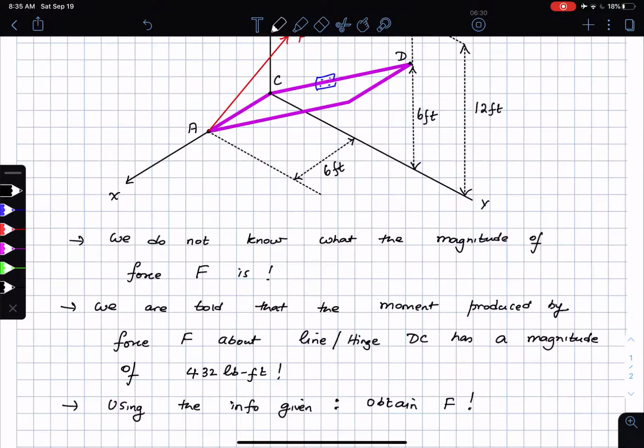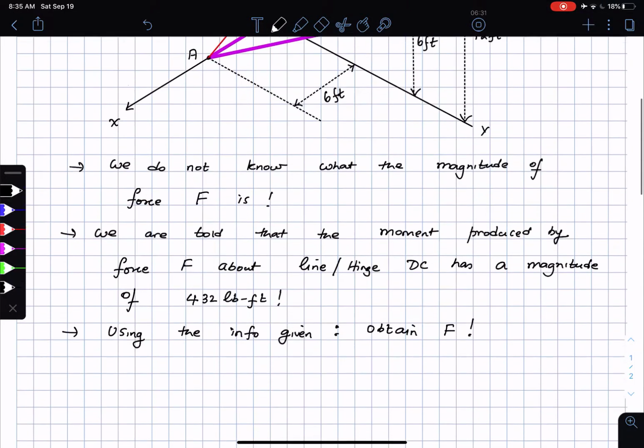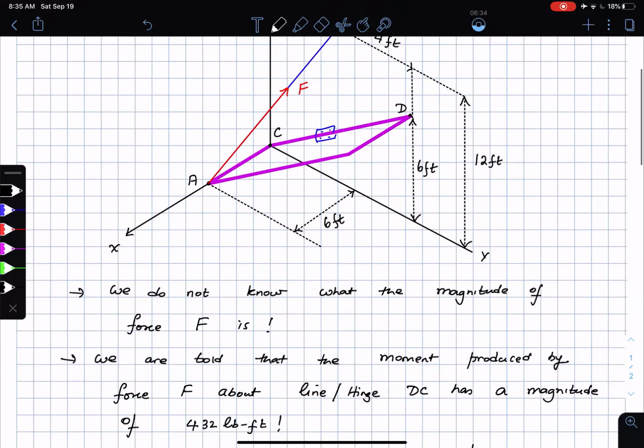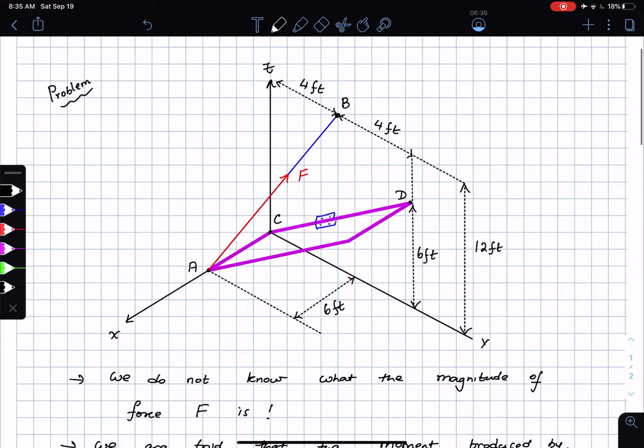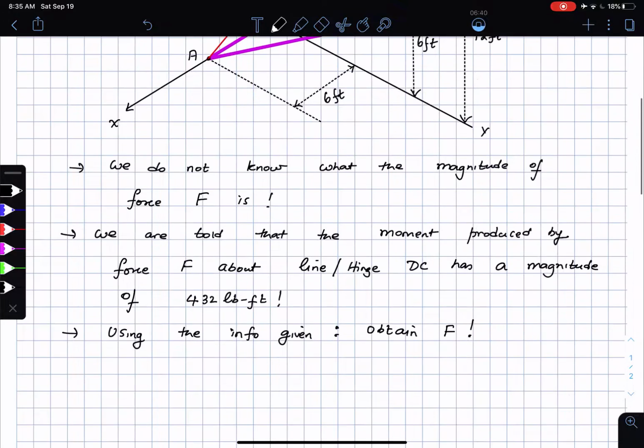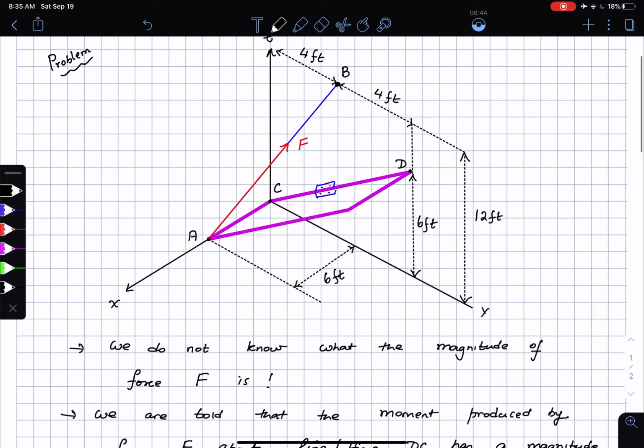And something that I'll probably tell you later down the line in this problem. But the first thing is I'm told that the moment about the line DC has a magnitude of 432 pound-feet. So I'm going to call that MDC, and I'm going to mark it this way.